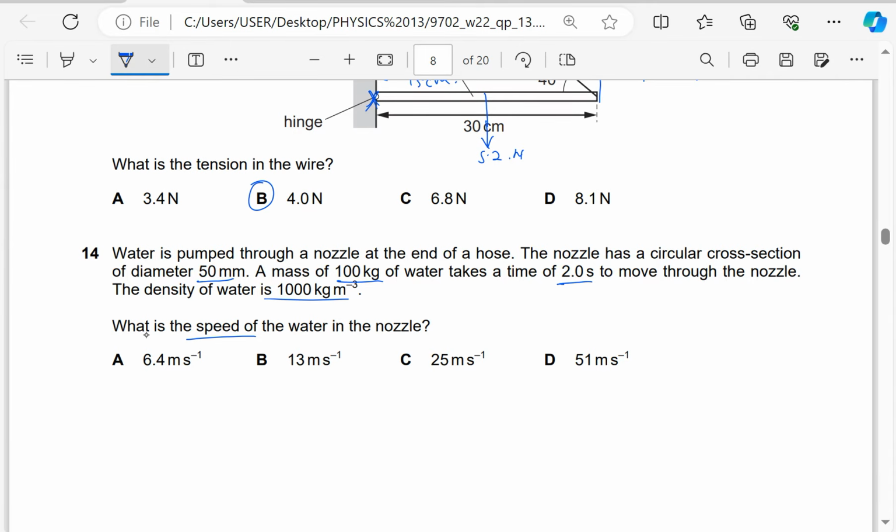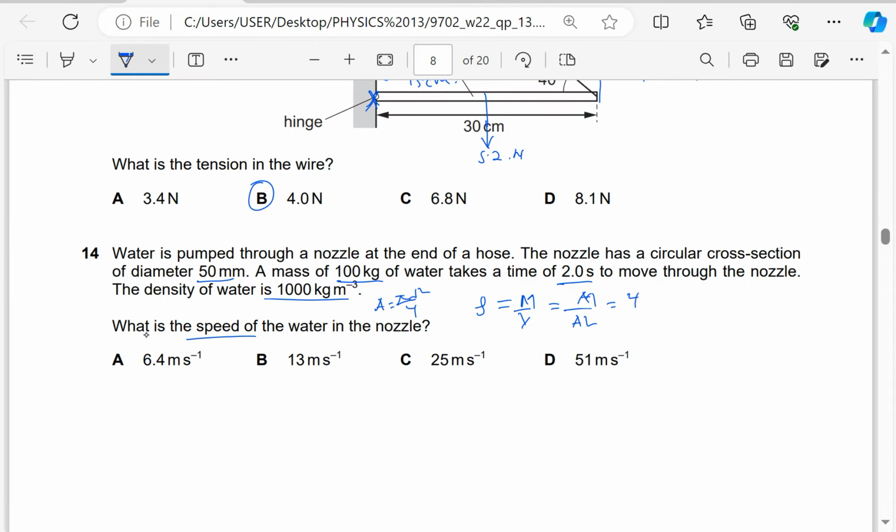First of all, we know that density is equal to mass divided by volume. Volume is cross-sectional area times another length. And remember, area is pi d squared over 4. And since we have the diameter, I have to introduce area here, so pi d squared over 4.